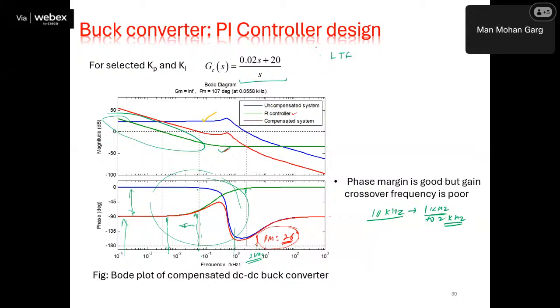The compensated loop transfer function becomes this Gc(S), 0.02S plus 20 upon S, into that second order transfer function, whatever numerator and denominator it was. This is T1 of S.